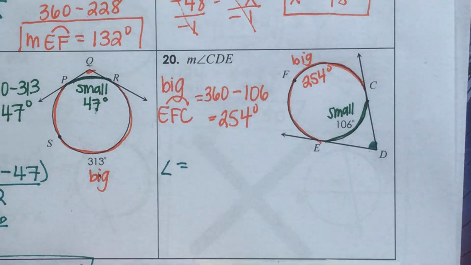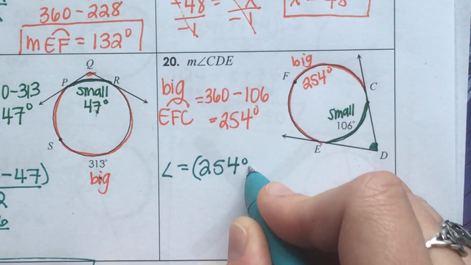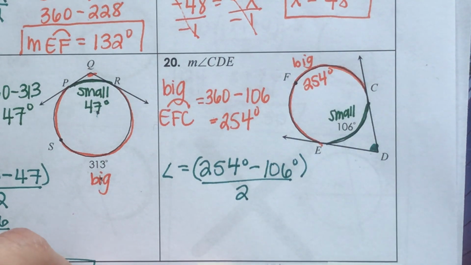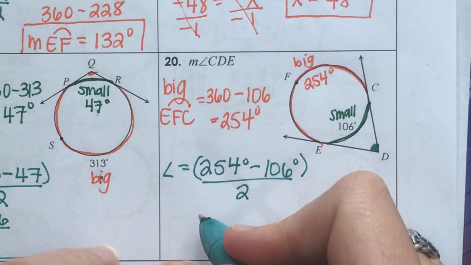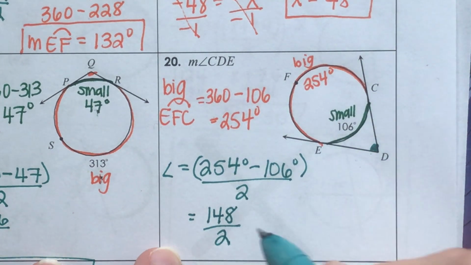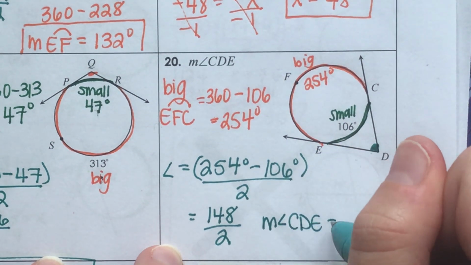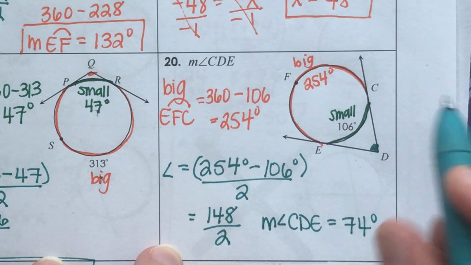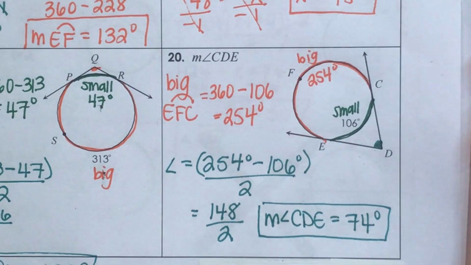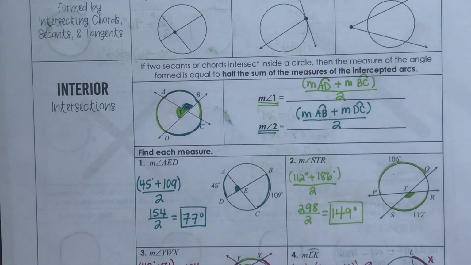So my angle equals big minus small divided by 2. If I subtract these two, I get 148. And if I divide that by 2, I get that the measure of angle CDE is 74 degrees.